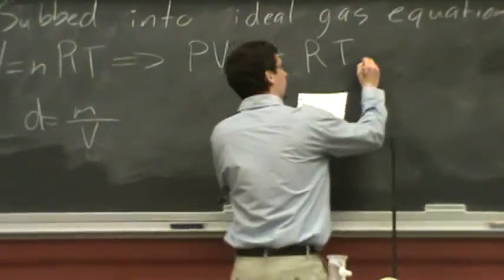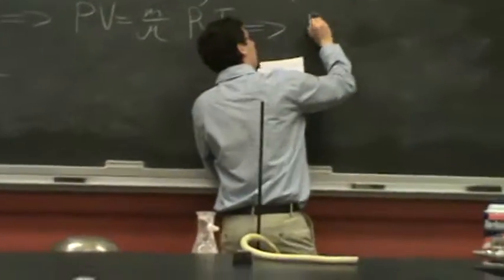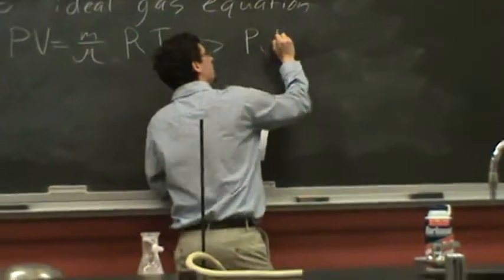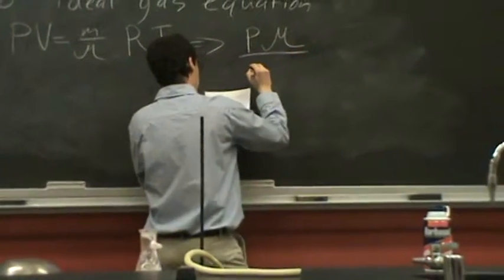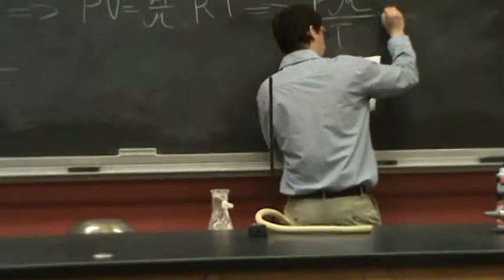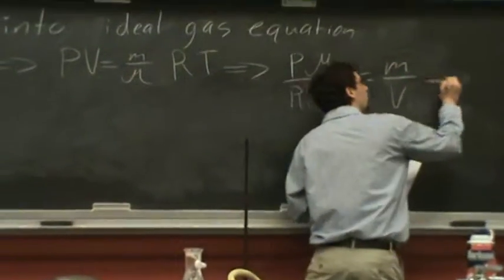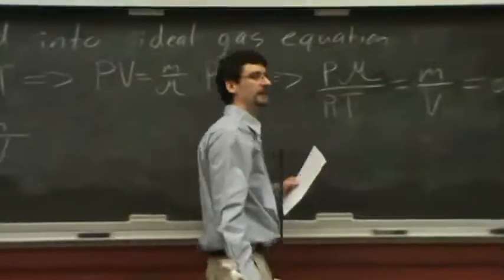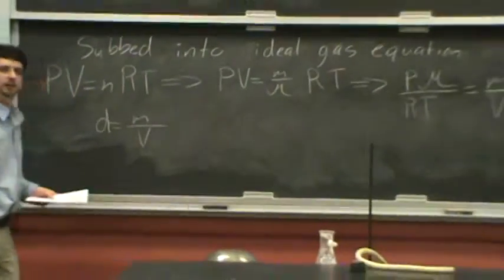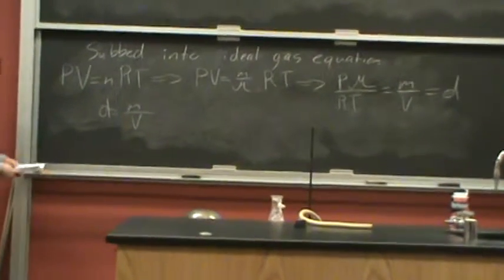What you'll find is if you have the pressure times the molecular weight divided by the ideal gas constant times temperature, that's equivalent to mass divided by volume, or a density. You're going to need to utilize that relationship on your next daily problem.